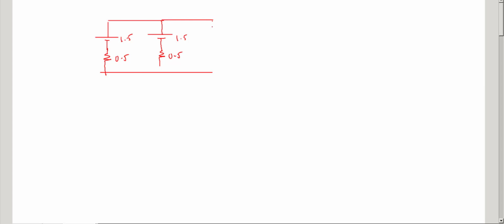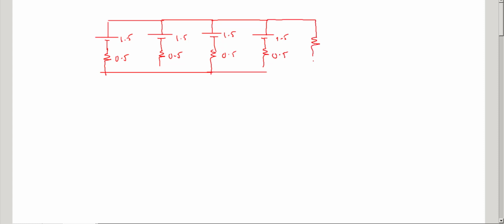The battery EMF of 1.5 volts and 0.5 ohms internal resistance, with 4 such batteries of 1.5 volts and 0.5 ohms connected in parallel, and I have an external resistance of 2 ohms. What is the current flowing through this 2 ohm resistance? So this is the question.